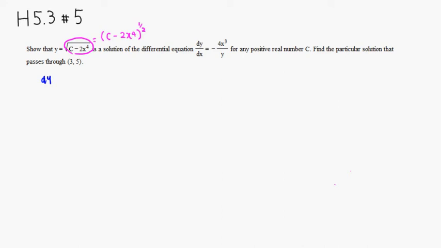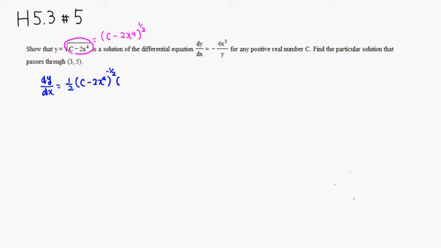So dy over dx is equal to, right, power rule, put 1/2 in front and keep the inside function as it is. So c minus 2x to the fourth, and then subtract 1 from the power, so it's negative 1/2. Then multiply by derivative of the inside.